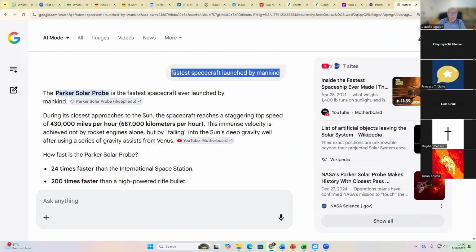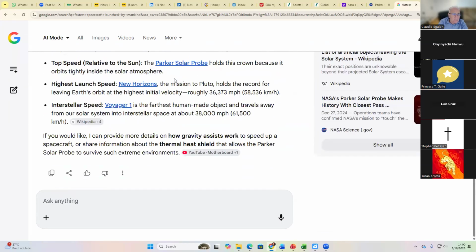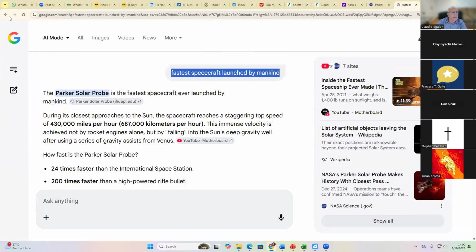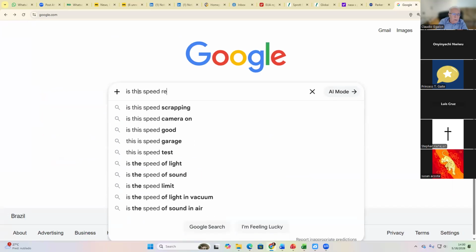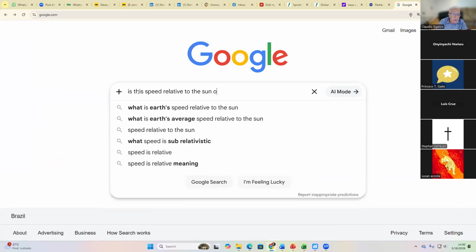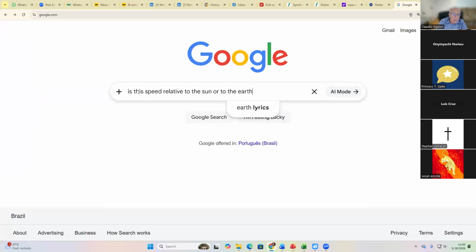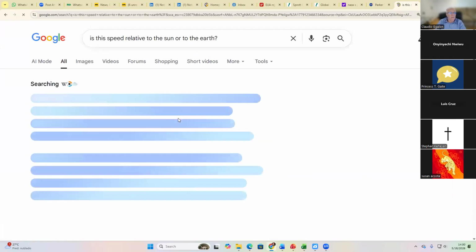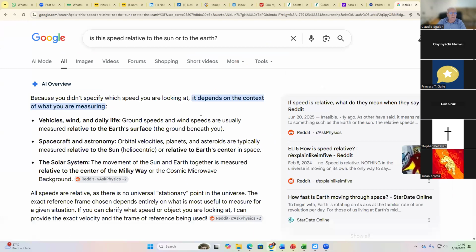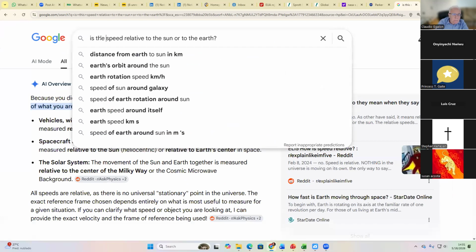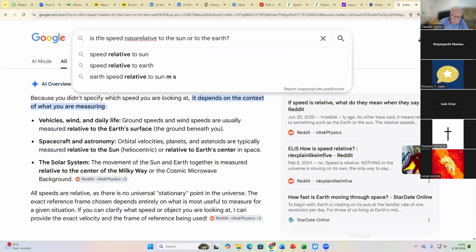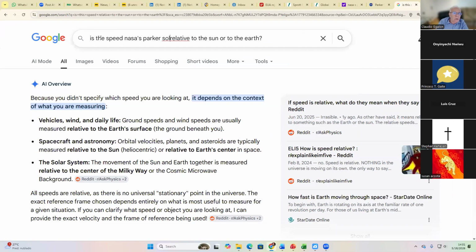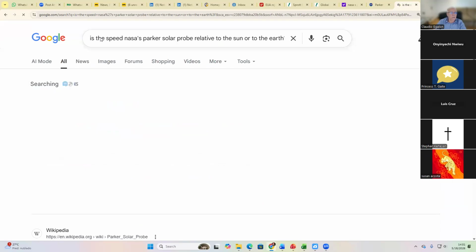Let me ask, is the speed of NASA's Parker Solar Probe relative to the sun or to the Earth?